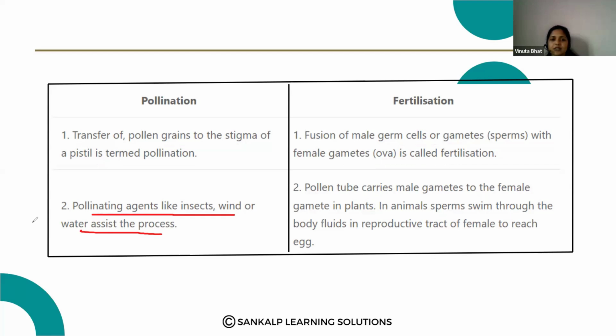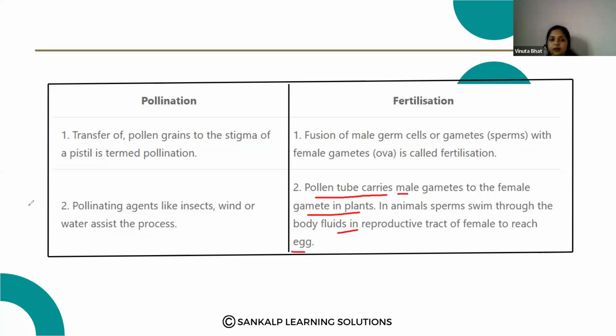So, some pollinating agents, abiotic or biotic agents, are required for pollination. The pollen tube carries the male gametes to the female gamete in plants. In animals, sperms swim through the body fluids and reproductive tract of the female to reach the egg.